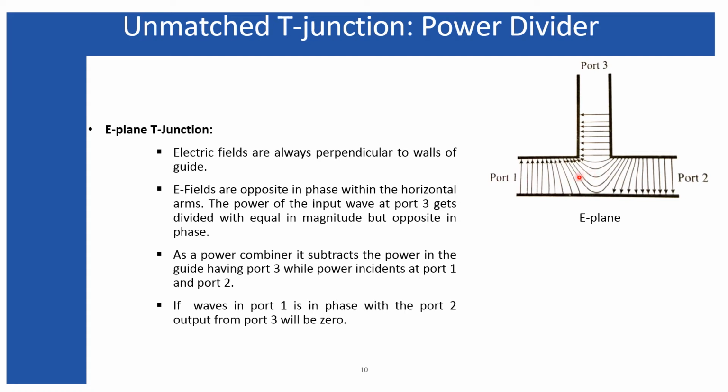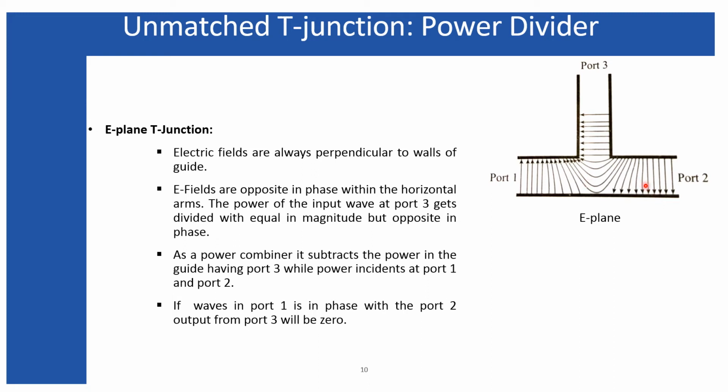But one major difference is that they are perpendicular, but when they enter port 1 and port 2, the phases of the waves are opposite to each other. You can see the arrows in port 1 are directed upward, while those in port 2 are directed in a downward direction.